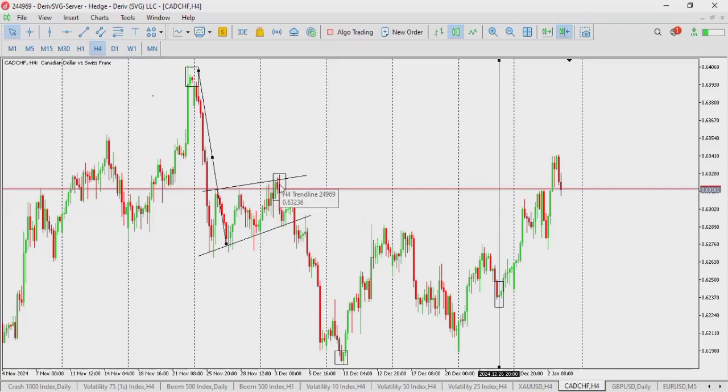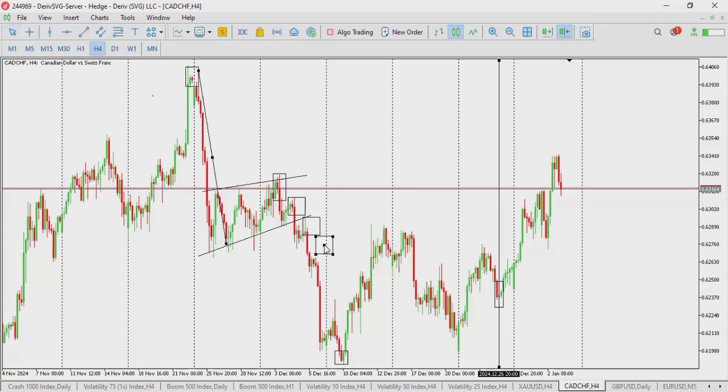I'm still going to take it that this is one order block. Of course, that's a lower high. This is also another lower high. This is another lower high.